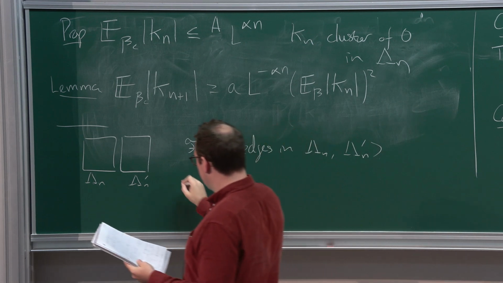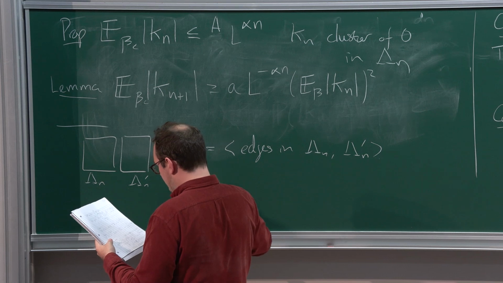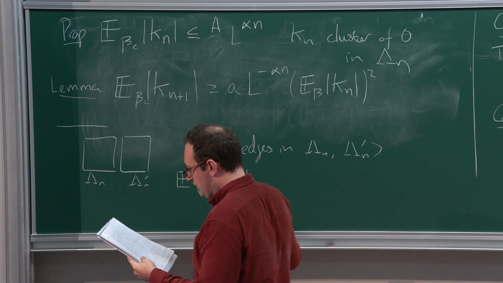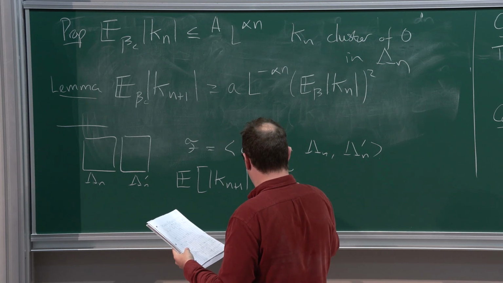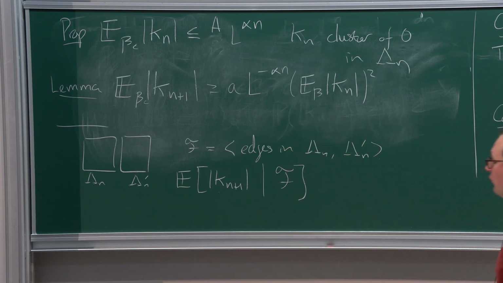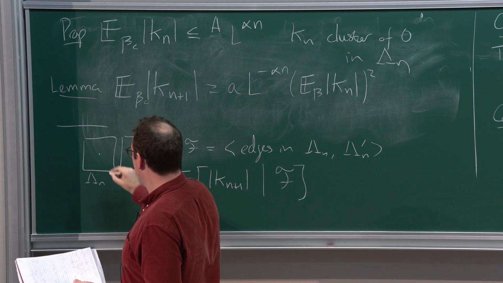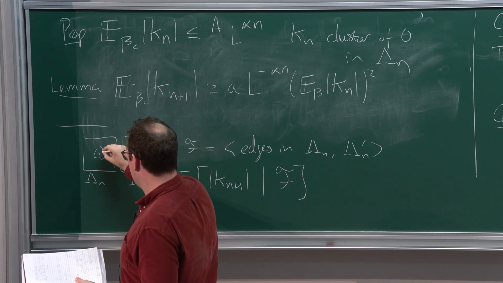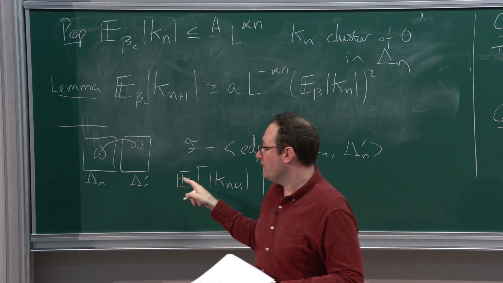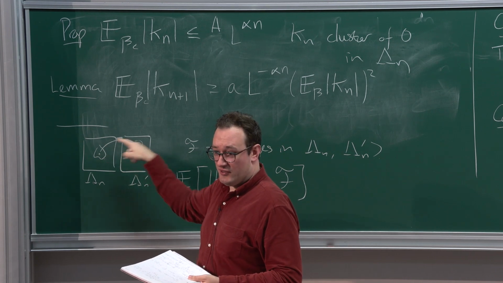Now, look at the expected size of the cluster at scale n+1, given what I know at scale n in both of these two boxes. One way I can include points is to look at the points over here and count how many are connected by a single edge from the cluster at the origin to here.